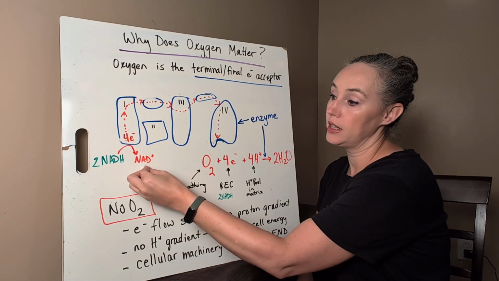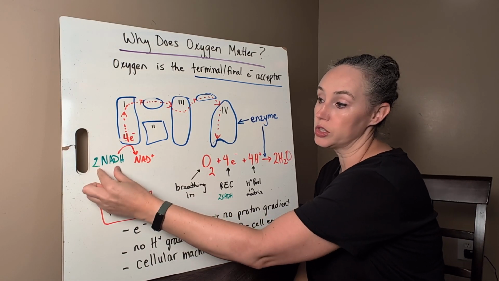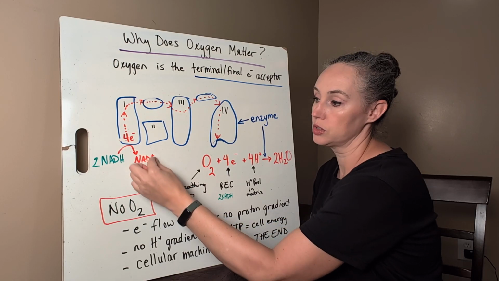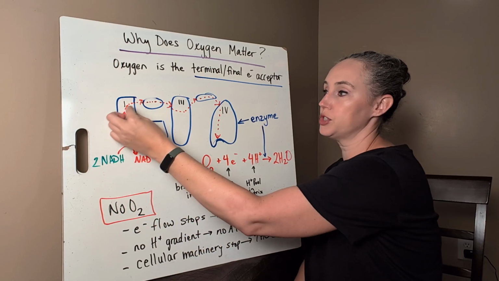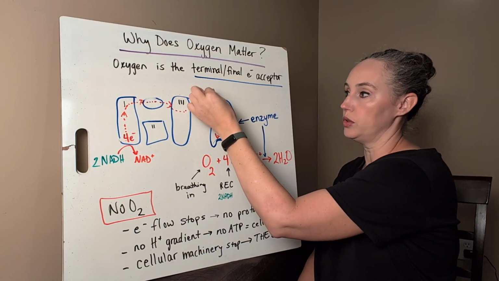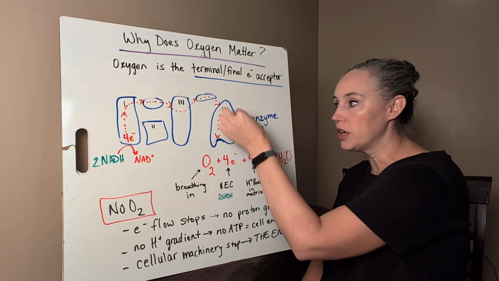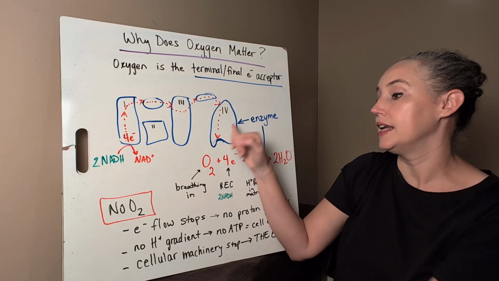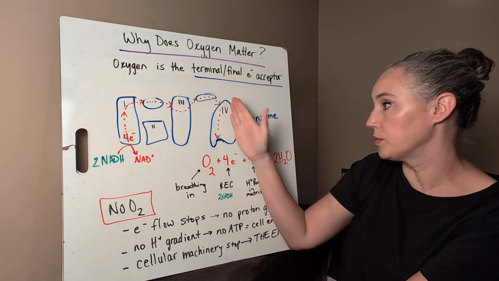So our reduced electron carriers give electrons to the electron transport chain. They pass them through, and then it gets to number 4, the fourth protein. Now, this is super important.